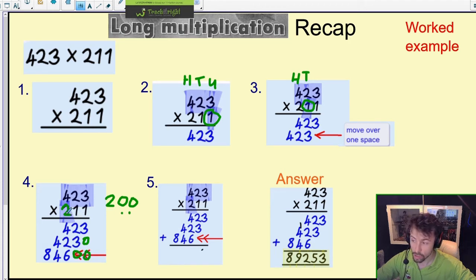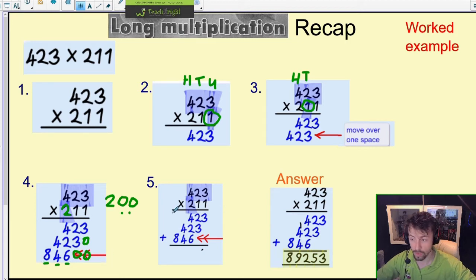And then it's that 200 times 3, and 200 times 3 gives 600, which is why we're writing a 6 in the hundreds column. And then we have 200 times 20, which is 4,000, and then we have 200 times 400, which is 80,000, which is why we get the number we have, which is 84,600.